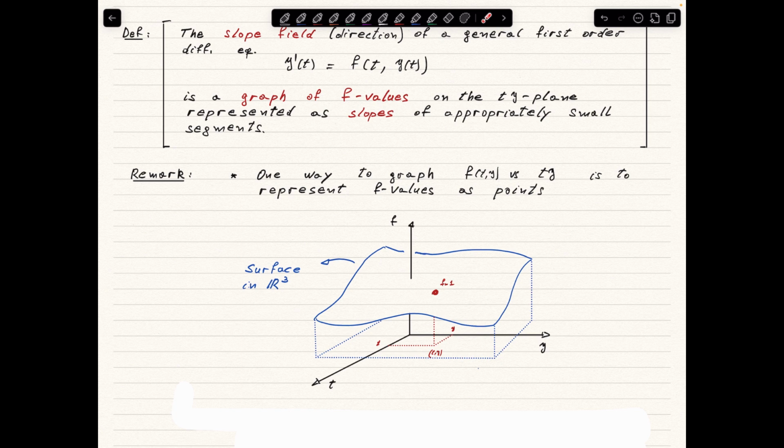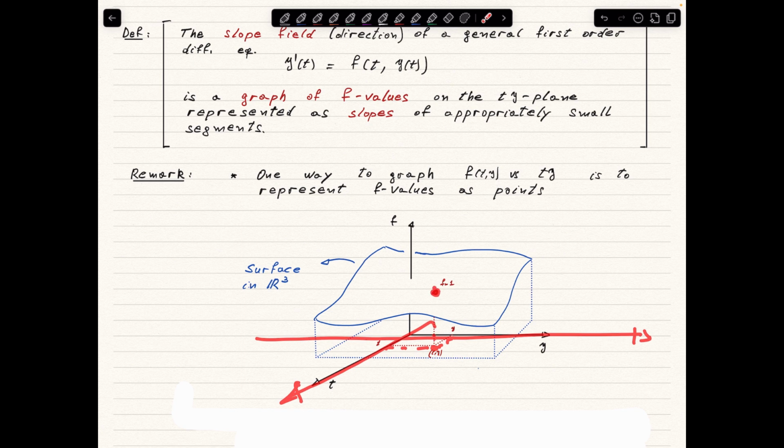A little bit better picture is here. Here is the plane ty, and at any point on that plane, let's say at these values of the variables t and y, the value of the function f is represented along a perpendicular axis.